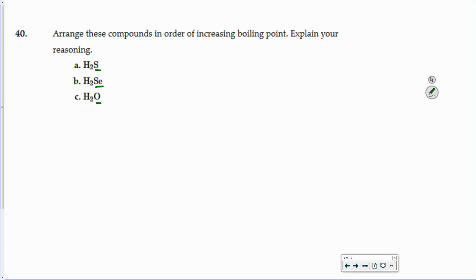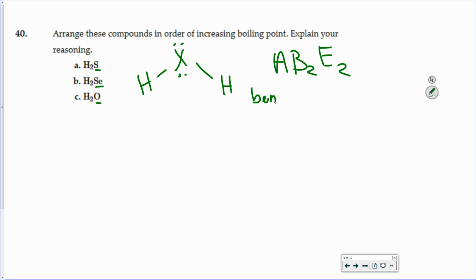Being in the 6A family, they're all going to have the same geometry. So every one of these has element X, whatever it is, of an AB2E2. It's got two lone pairs on it. So that's a tetrahedral bent, or what we call the bent geometry.